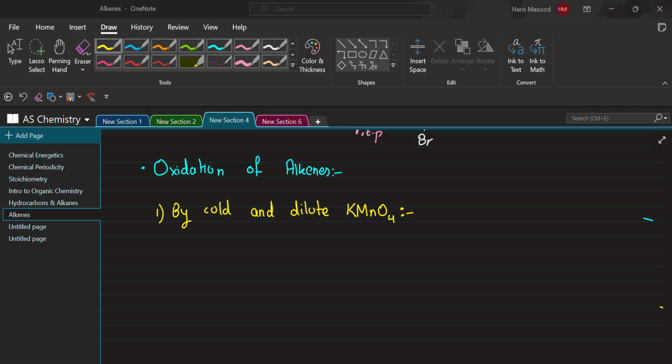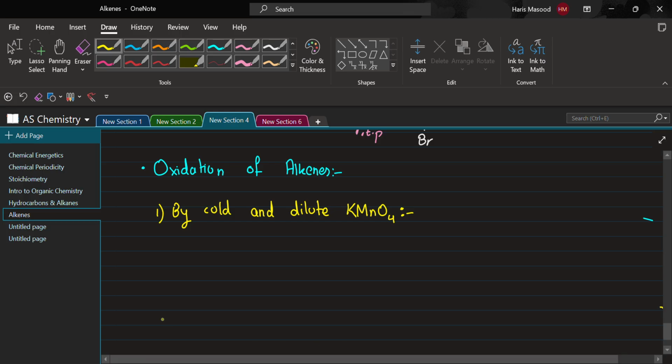Basically you are trying to add oxygen to alkenes. So what happens? This is done at room temperature and pressure, but the product that is formed, bracket and then oxygen within it. What does this show? That this oxygen is coming from this KMnO4.